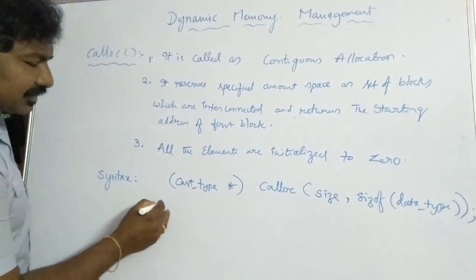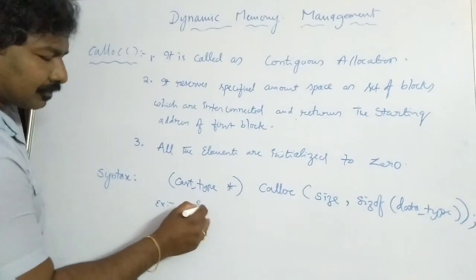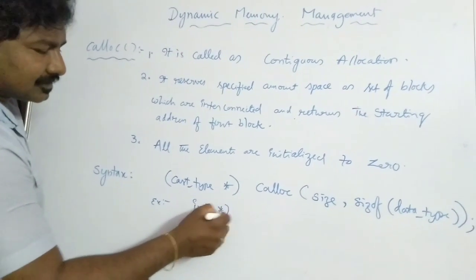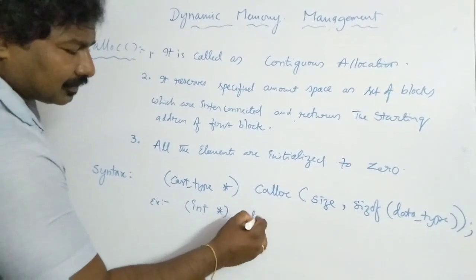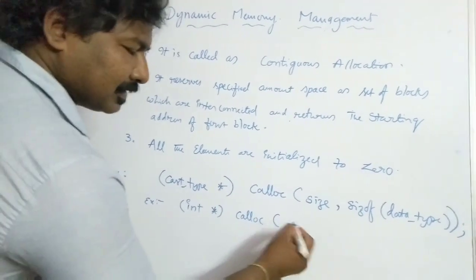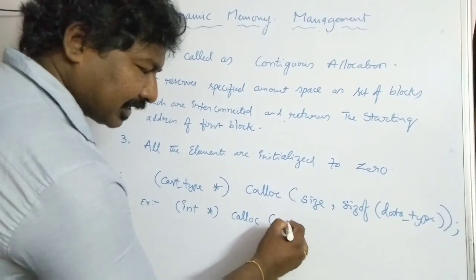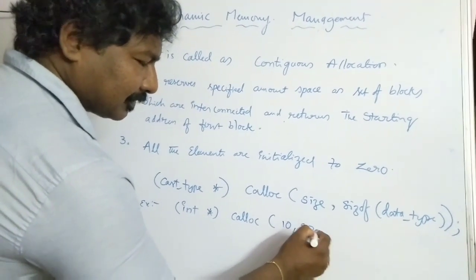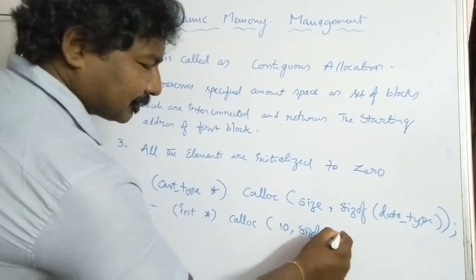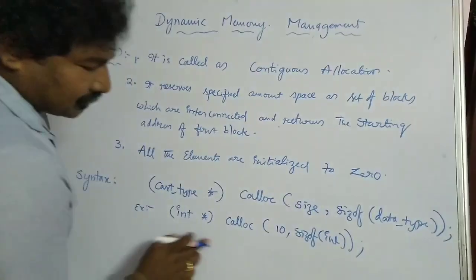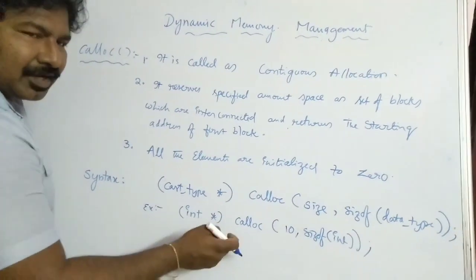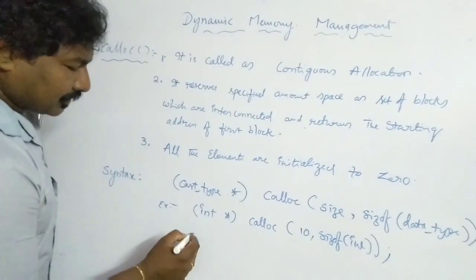An example for this is int star, calloc of size 10 comma sizeof integer. In this example this will create an array of size 10.